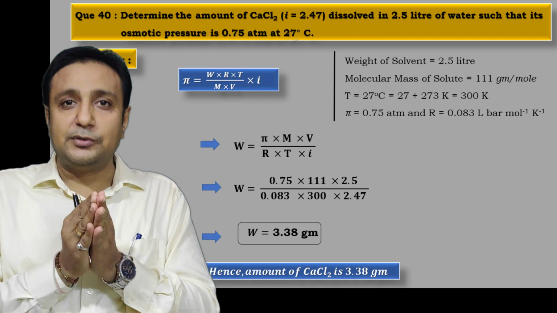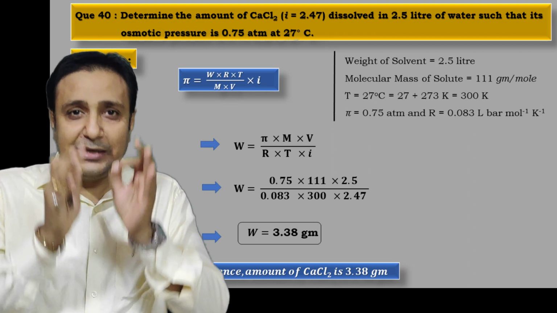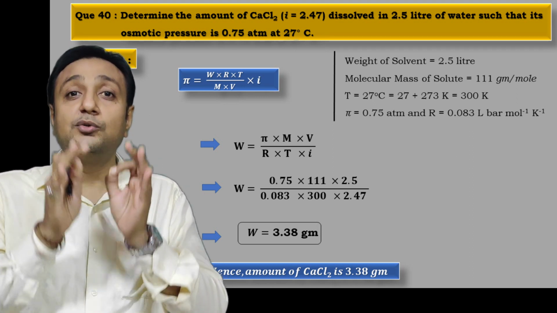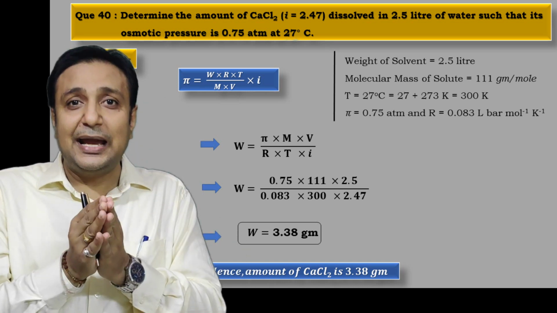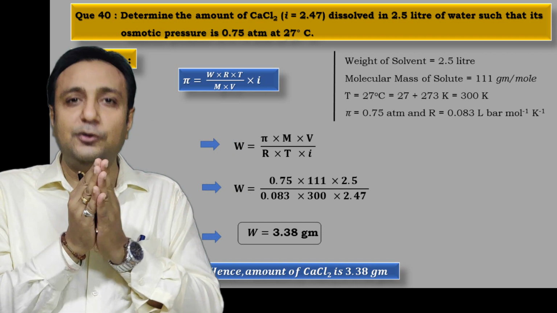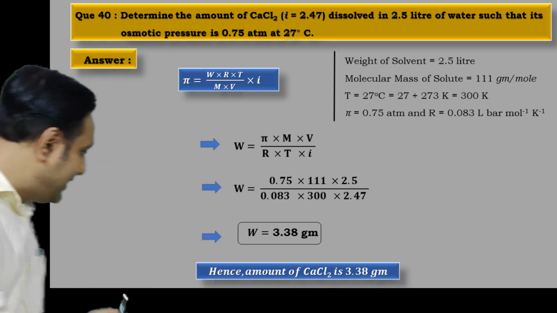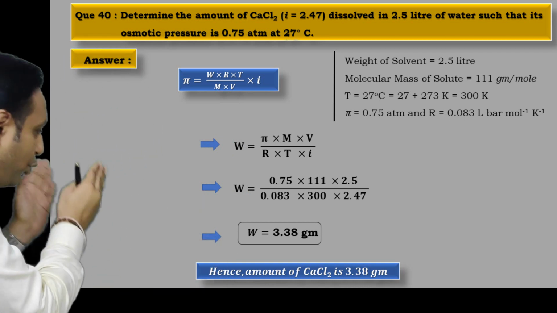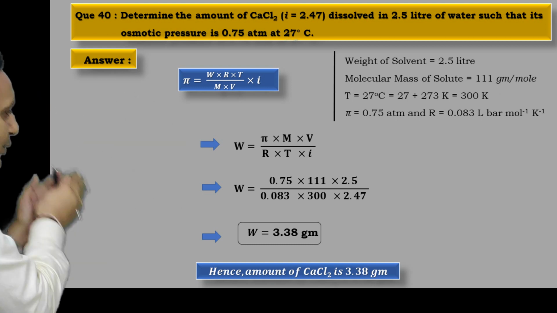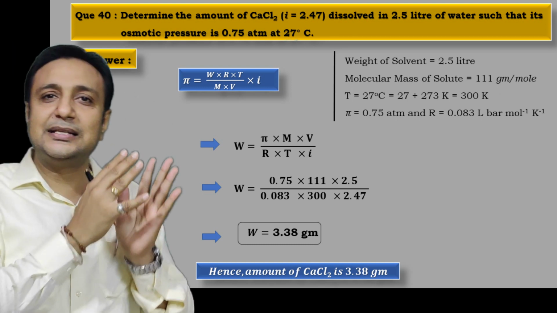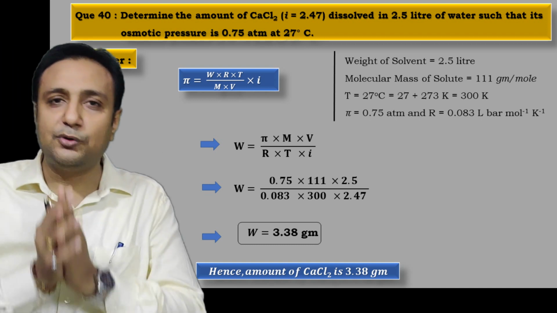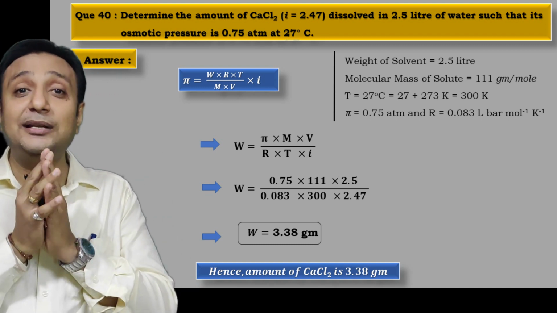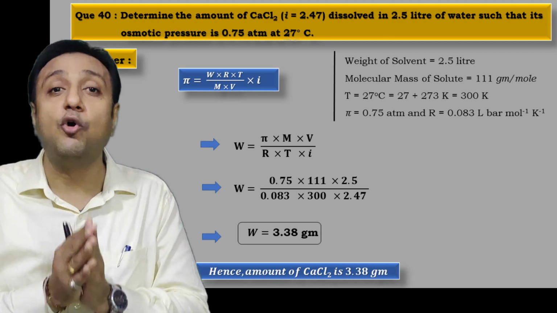Put all the values, but one thing you should remember, take the value of R as 0.083. By multiplying and dividing all the values with each other, you will get the value of W, that is 3.38 gram. The calculation you can see on the screen. So the final answer is the amount of calcium chloride will be 3.38 gram.